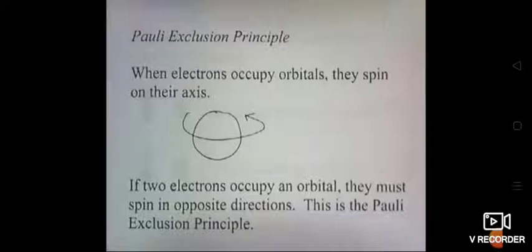So what is Pauli's exclusion principle? One rule is there, Pauli's exclusion principle. It says that in any atom no two electrons may have the same set of quantum numbers. What do you mean by that?